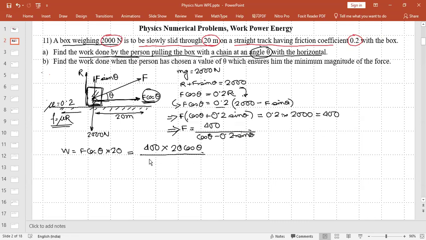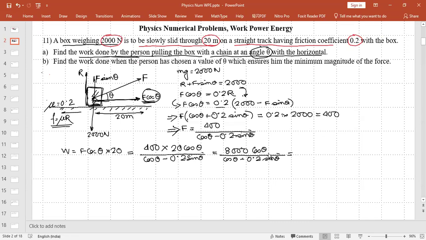divided by cos theta minus 0.2 sin theta. This is equal to 8,000 cos theta divided by cos theta minus 0.2 sin theta.